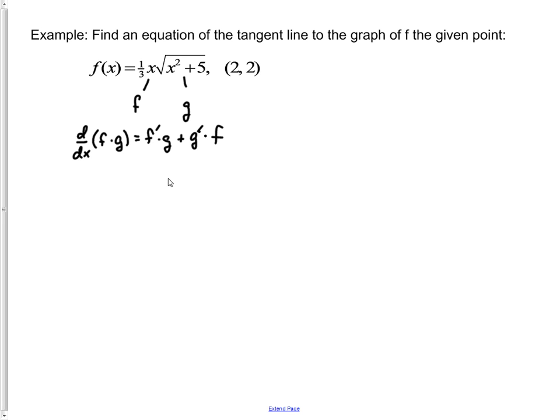Actually, I think last time I put f times g prime in this second spot, so I'll be consistent: f times g prime.